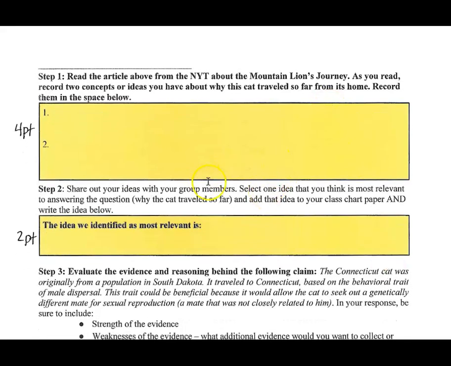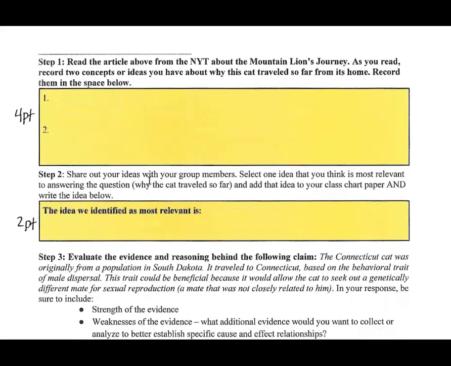I'm going to give you about 7 minutes to do that. And Miss Gupta will time you. And then we're going to come back. 7 minutes. Write down 2 ideas about why you think the cat traveled so far from home from the article. And then you're going to share with people at your table or other tables and pick one idea that you think is the best.